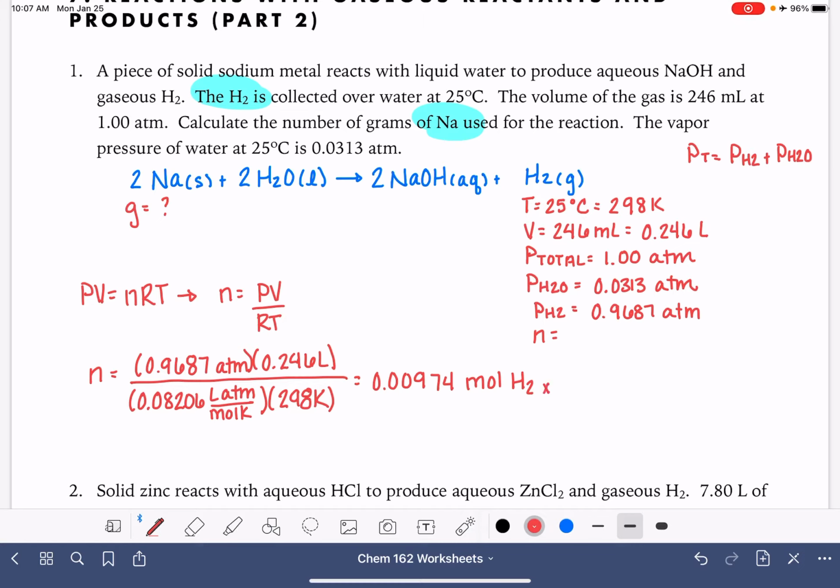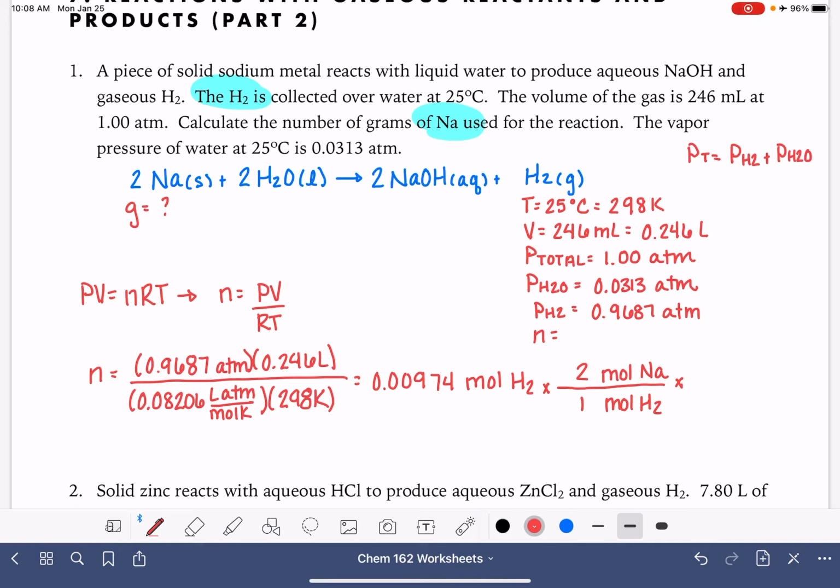And so now that I have units of moles, I can do a mole-to-mole conversion from moles of hydrogen into moles of sodium, using the coefficients from the balanced equation: 1 hydrogen for every 2 moles of sodium.